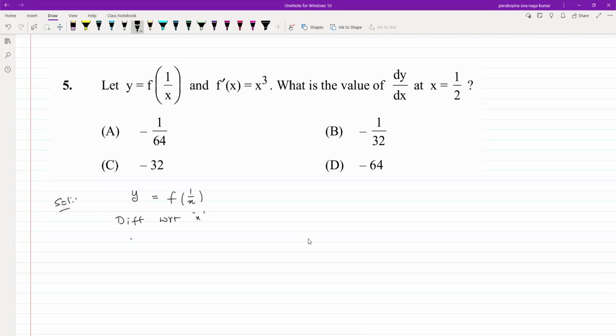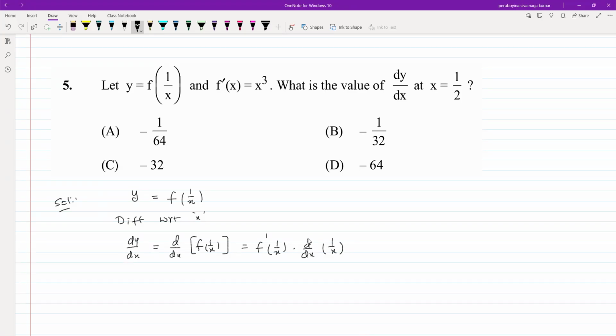Then you can see dy by dx is equal to d by dx of f of 1 by x, which is f dash of 1 by x, and as a continuation, we will differentiate 1 by x. Okay, understood.